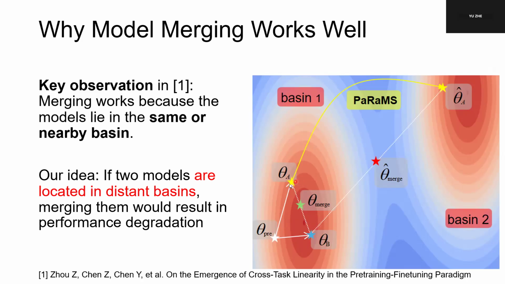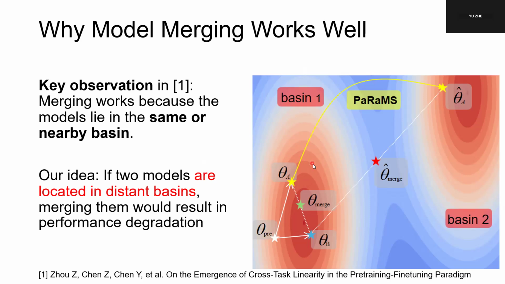Then after the model merging, we can find that theta merge is also located in this position, so after the model merging, the merged model has very good performance since it is located in a low loss position. Our idea is that if two models are located in distant positions, merging them would result in performance degradation.